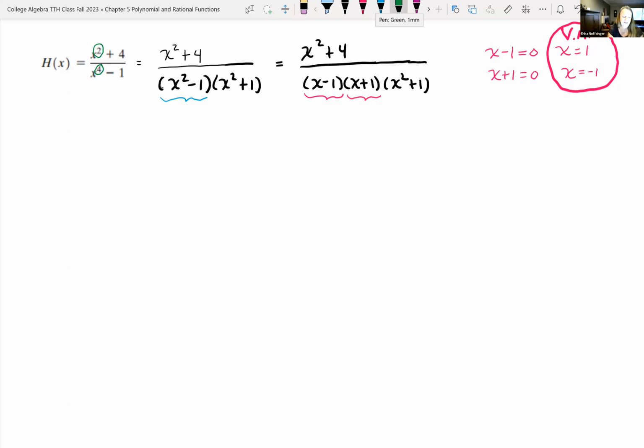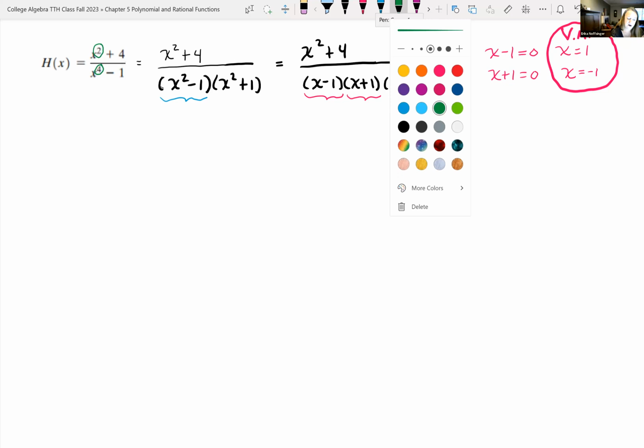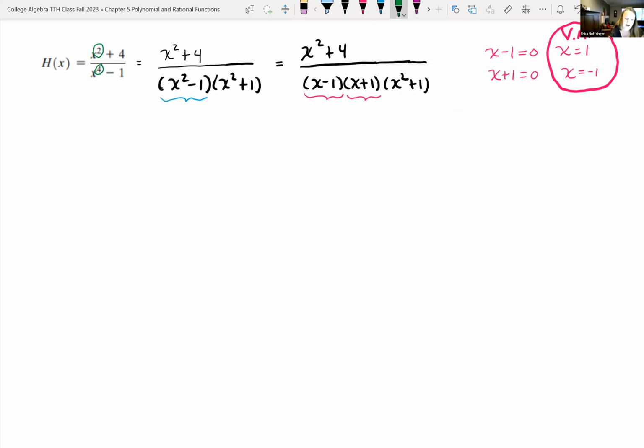If the degree of the denominator is larger, recall we have a horizontal asymptote, and that horizontal asymptote is going to occur at y equals 0. So we have a horizontal asymptote, HA, at y equals 0.